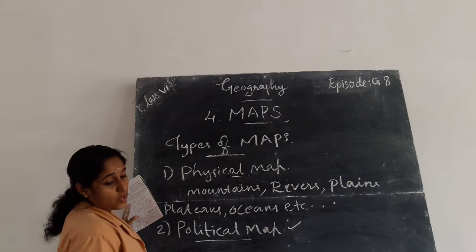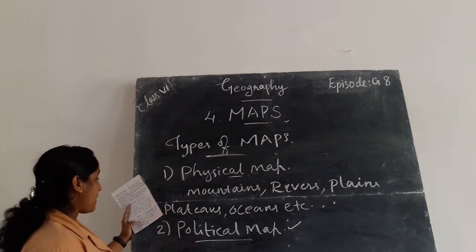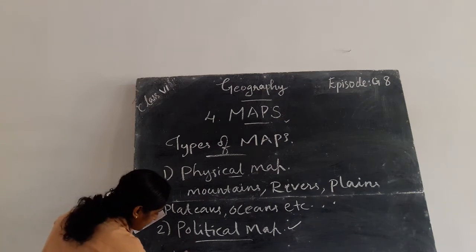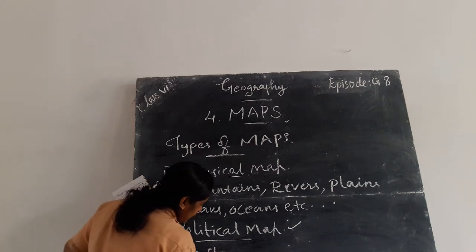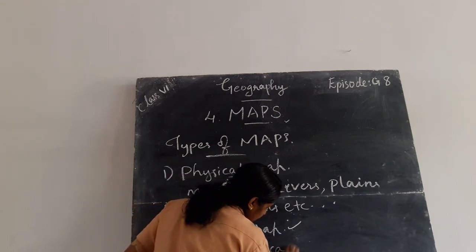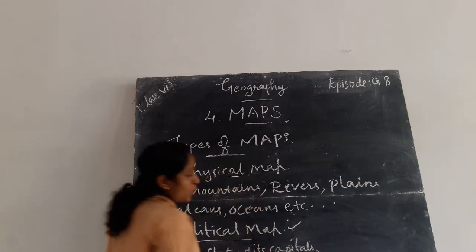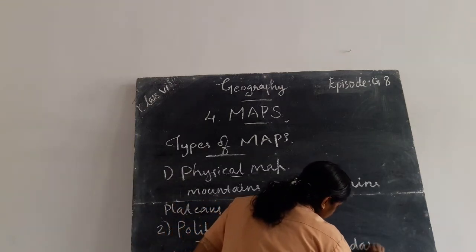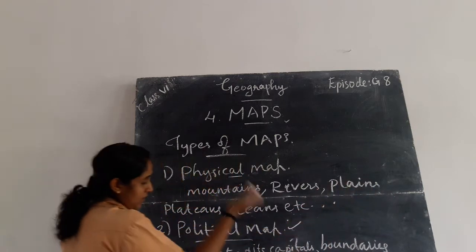So, a political map shows countries, states and their capitals and boundaries of states or a country.